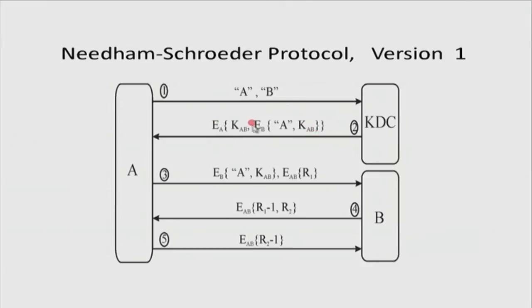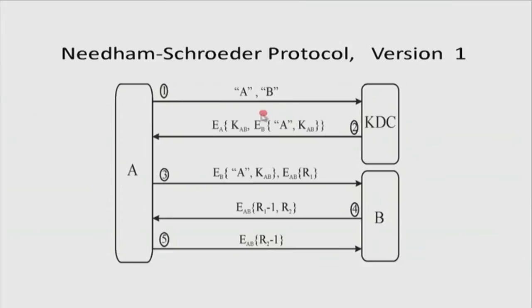First and foremost, he creates a ticket to be given to B. So he generates a session key, KAB, creates a ticket to be given to B, which contains the identity of A and the session key, encrypted with B's long-term secret, and puts that together with the session key in a bigger message, which is encrypted using A's long-term secret. Sends it to A. A starts to decrypt this entire thing. He retrieves the session key, and then he retrieves this token.